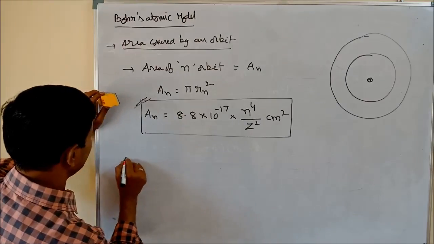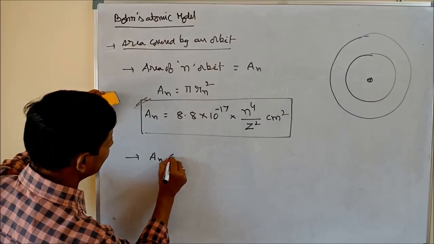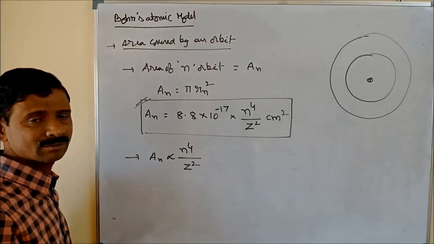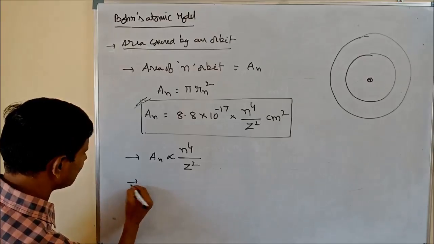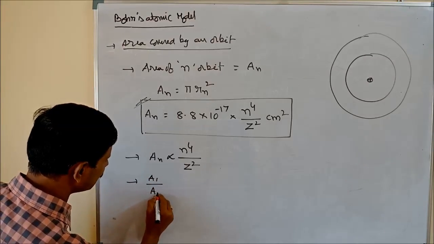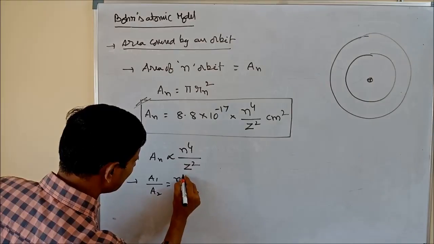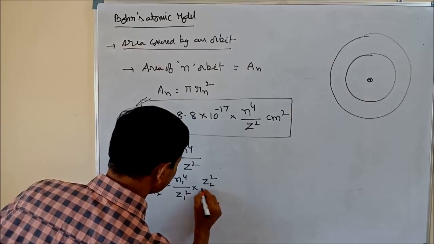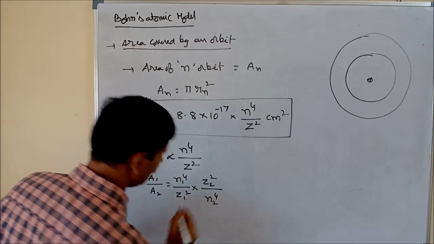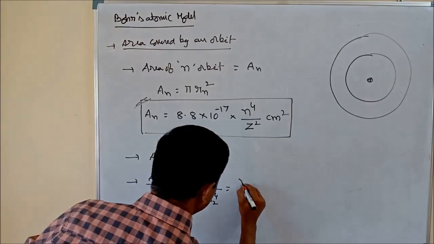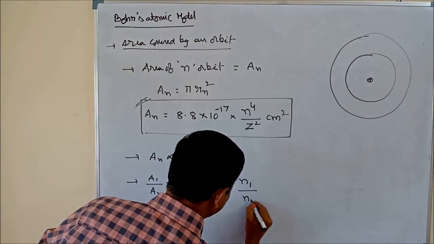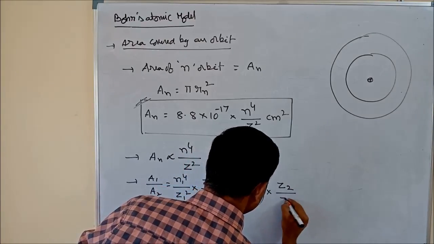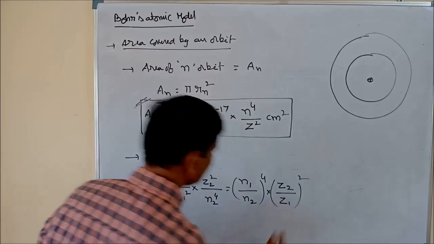According to this, we have one relation: An is proportional to n power 4 by Z square. So now we can write A1 by A2 equals n1 power 4 by Z1 square into Z2 square by n2 power 4, or otherwise (n1 by n2) whole power 4 into (Z2 by Z1) whole square.